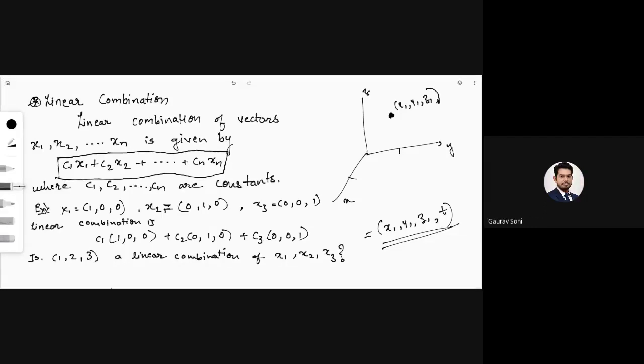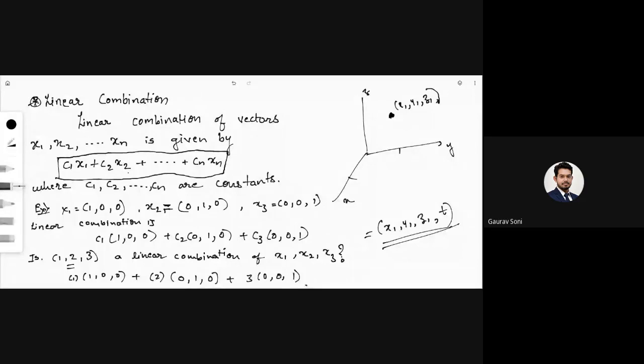So this vector 1, 2, 3 is the linear combination of 1, 0, 0, 0, 1, 0, and 0, 0, 1. So 1 into 1, 0, 0 plus 2 into 0, 1, 0 plus 3 into 0, 0, 1.